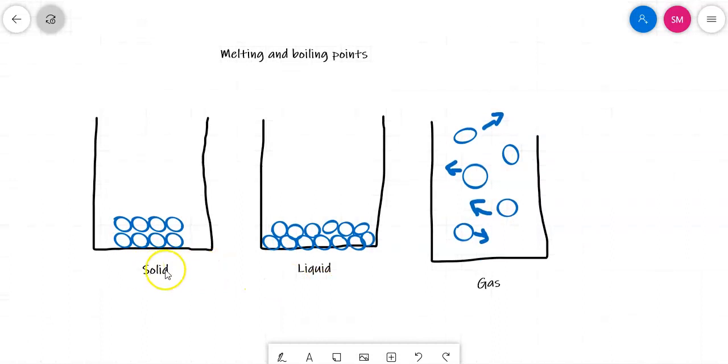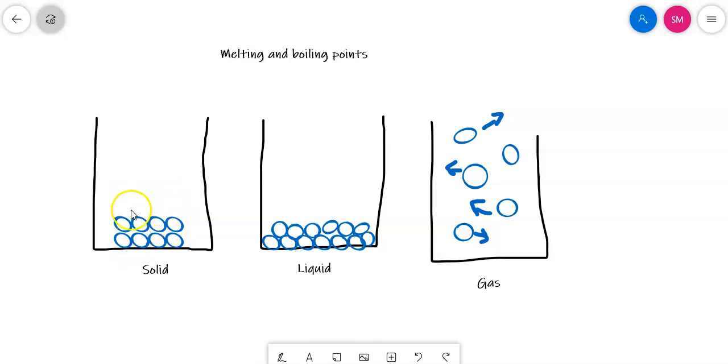So as we go from solid, liquid to gas, the forces holding the particles together are getting weaker. So the thing that would break these forces apart is kinetic energy of the particles. So kinetic energy is effectively temperature. The greater the temperature of a substance, the greater the kinetic energy the particles have.